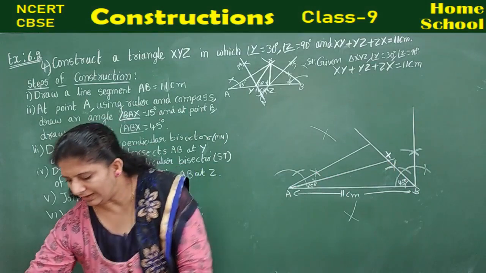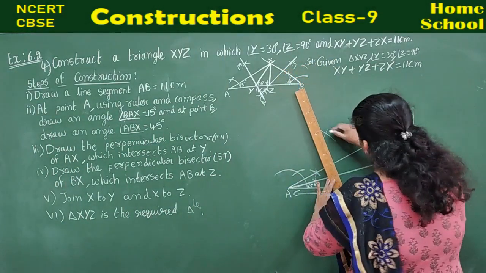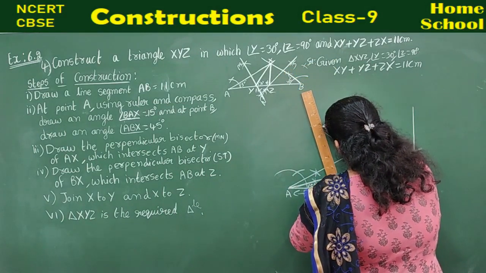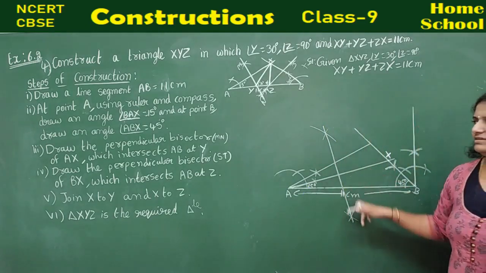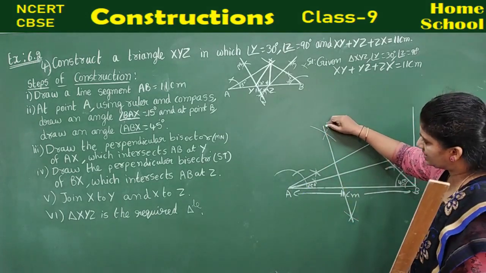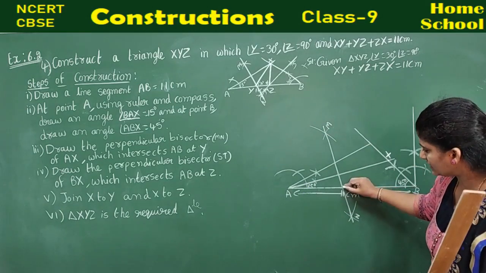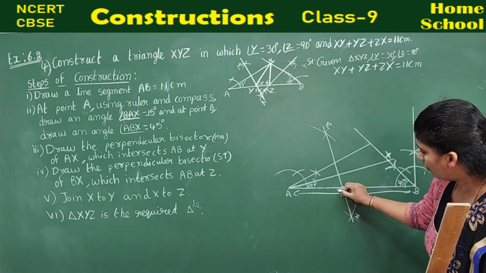Okay. Now join the two intersecting arcs. We are going to get a bisector, bisector MN. Where it touches this point, mark it as Y.